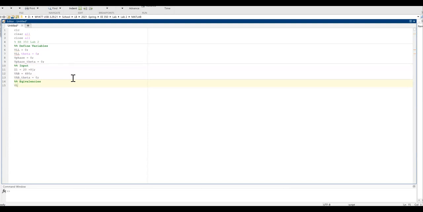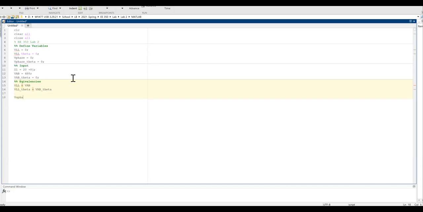So we know V line-to-line is going to be equal to VAB. So when I reference V line, I'm referencing VAB. Our V line-to-line theta is going to be equal to VAB theta.